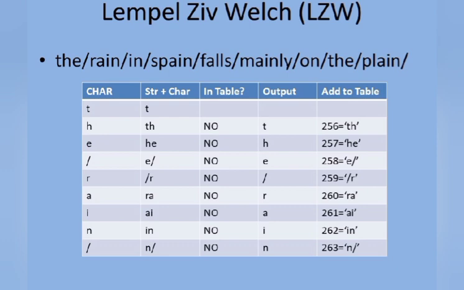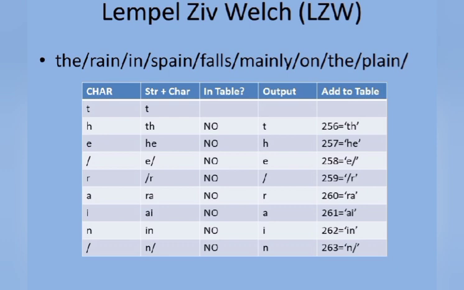After e, we will read slash. So the string will become e slash. E slash is not in the table. We will output e, and this e slash will occupy position 258.